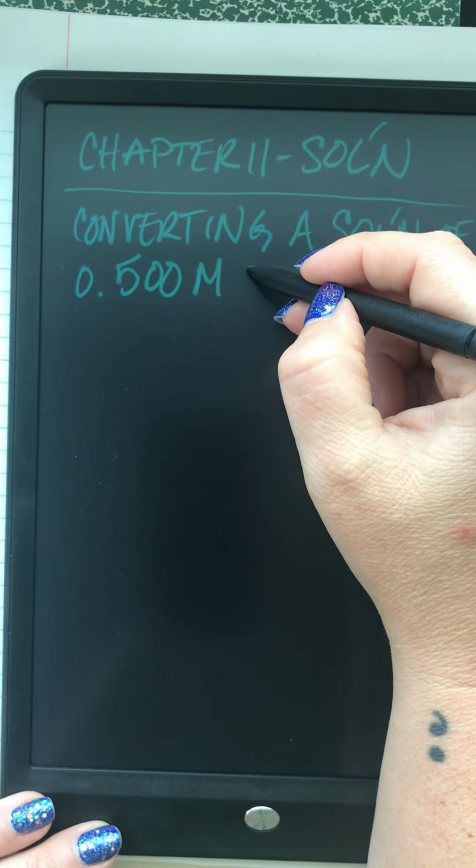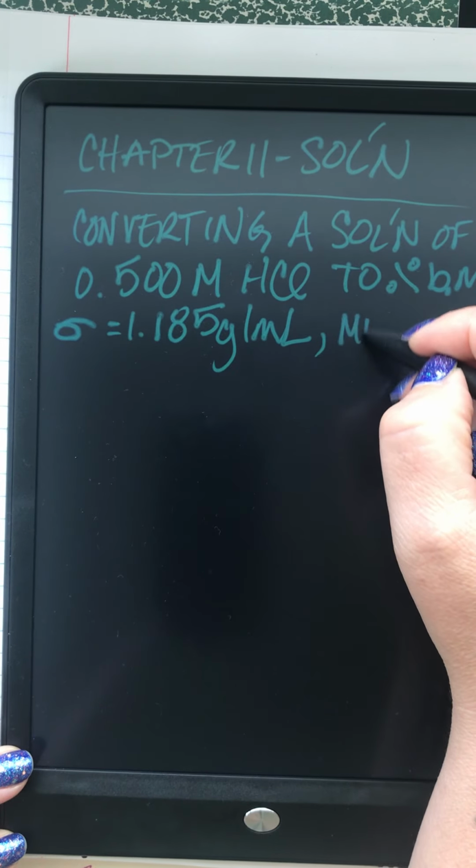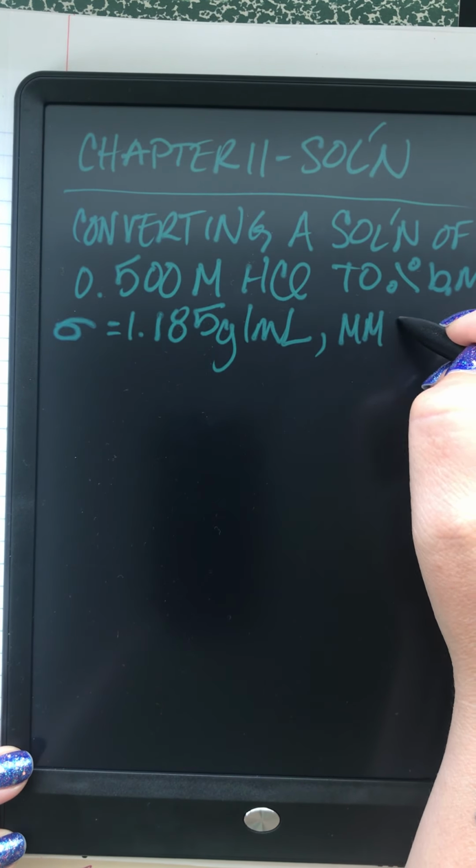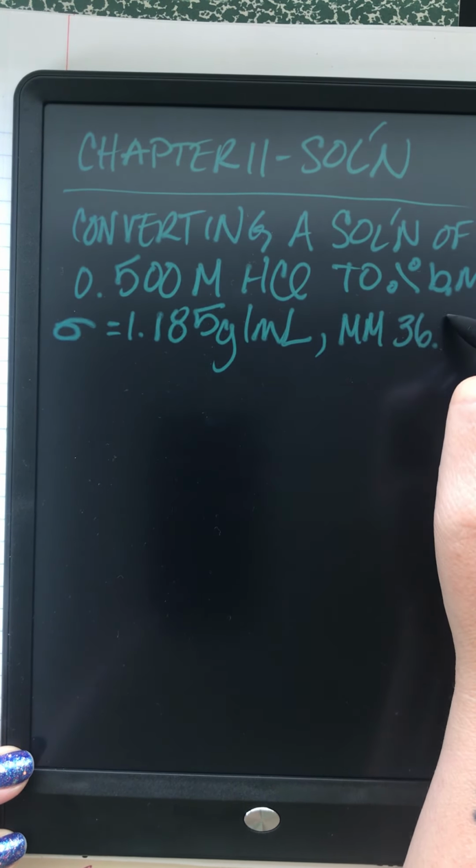Okay. Do you guys remember doing this in chapter 4, kind of, sort of? Yeah. We were given the density of the solution is 1.185 grams per milliliter, and the molar mass of HCl is 36.458.